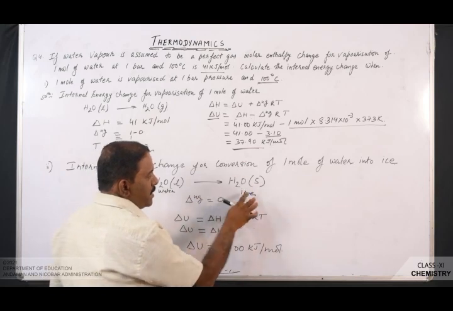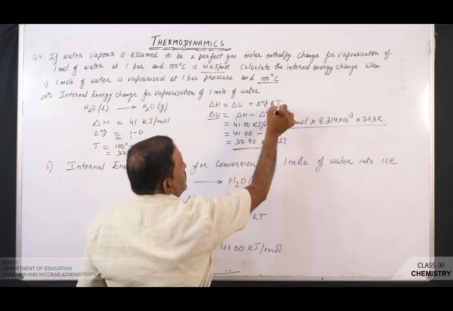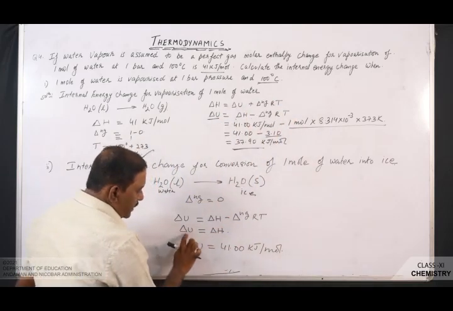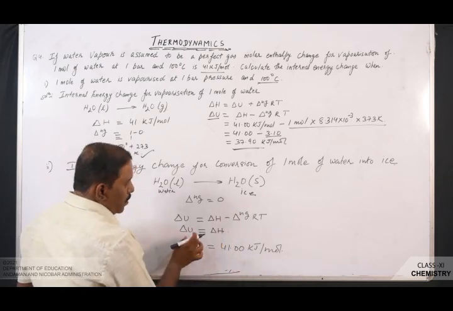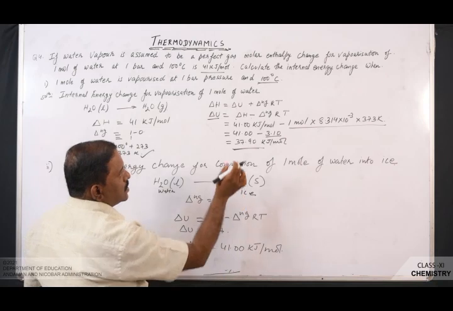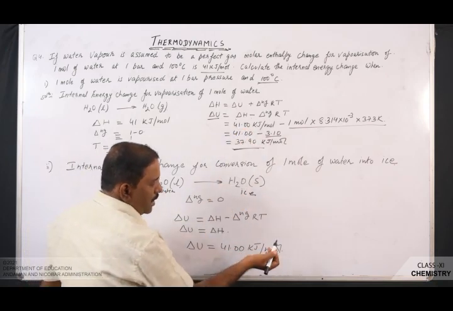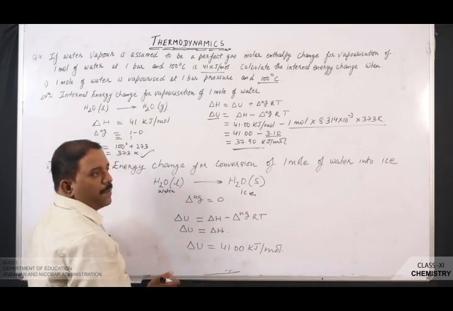So this will be 0. So when it is 0, this part is completely 0. So delta U is equal to delta H, that is 41.0 kJ per mole.